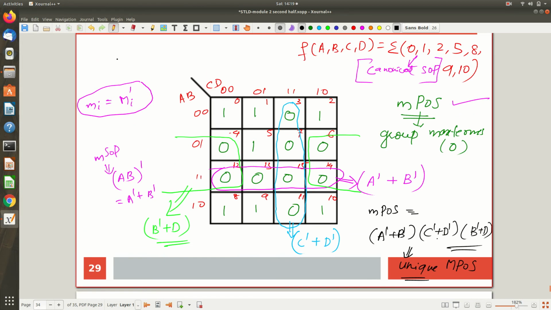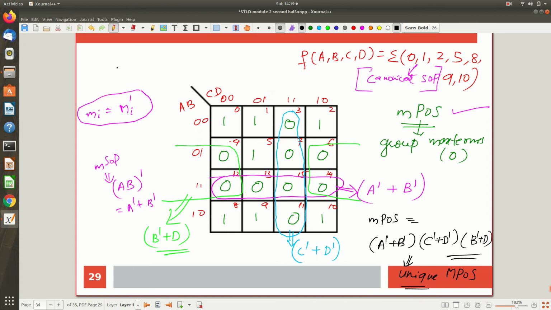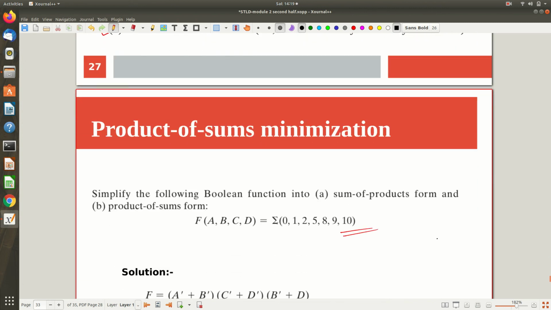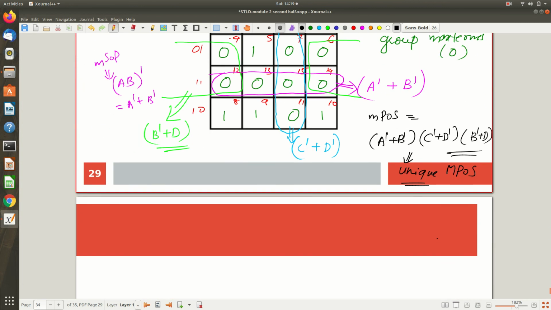Try the same question to get the minimum product of sum for all the previous questions we discussed, where we grouped all the ones. Let me give it as an assignment. I am not going to take all of them, but I hope you remember many problems we discussed.